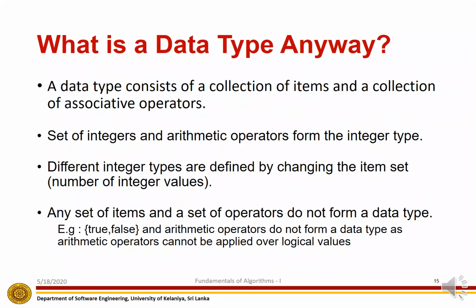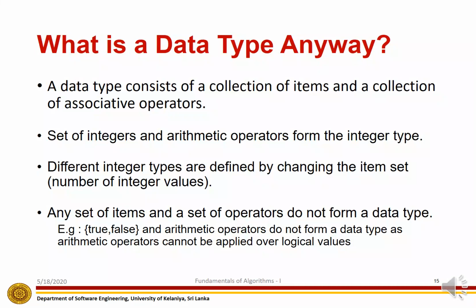Okay, what is a data type anyway? A data type is a combination of a collection of items and a collection of associated operators. For example, a set of integers like 1, 2, 3 and arithmetic operators like plus, minus, asterisk and division form an integer type. And different integer types are defined by changing the item set.